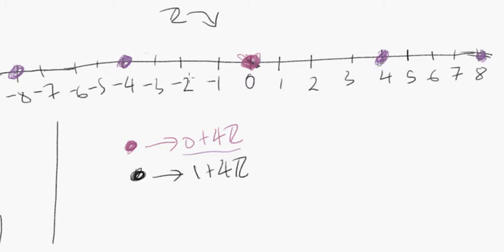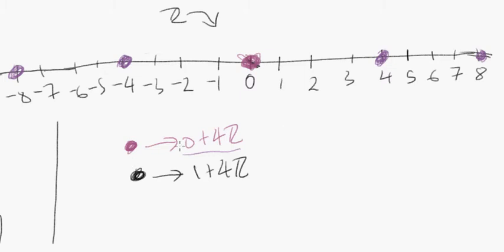And of course, how many elements are there for 0 plus 4Z? Or another way of stating it is, how many integers exist such that they are divisible by 4? The answer turns out to be infinitely many. So there are infinitely many elements of 0 plus 4Z.